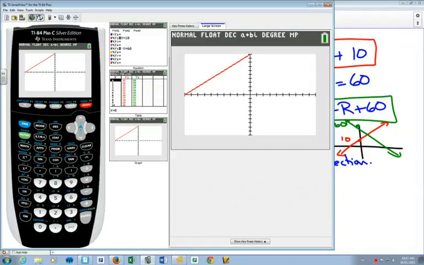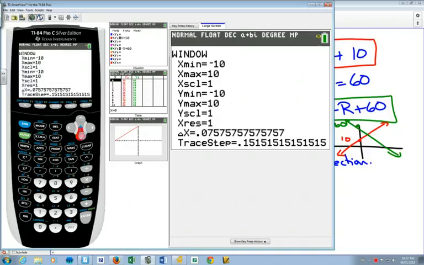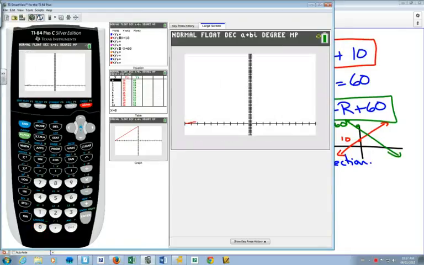In order to see the green graph, I'm going to go to my window, and I need to see up to 60. That'll be my intercept there. Now, if you just started with that and now hit graph, there's my red graph, there's my green graph starting, you'll notice that I can't see the intersection quite yet. I need to see more to the right.